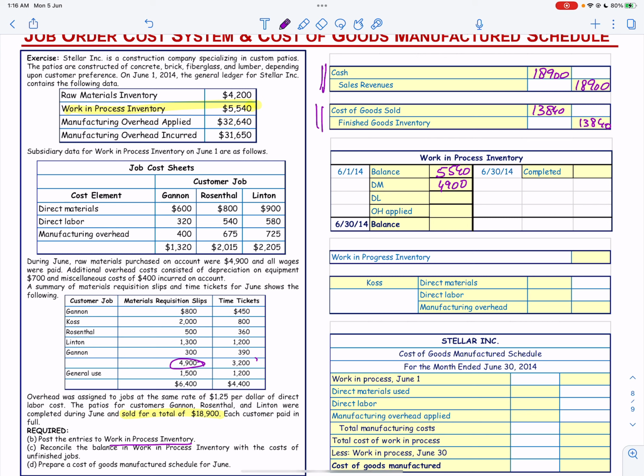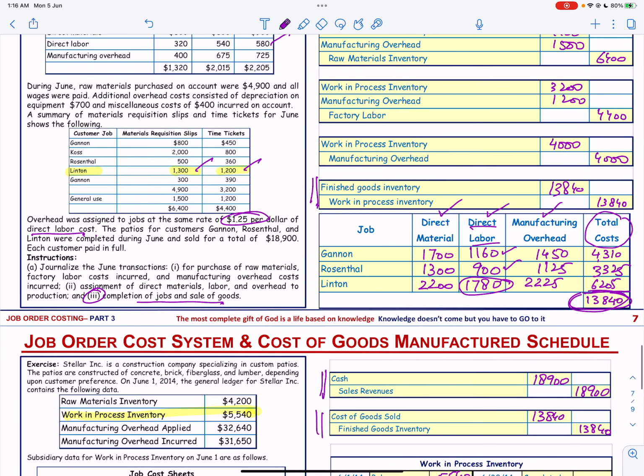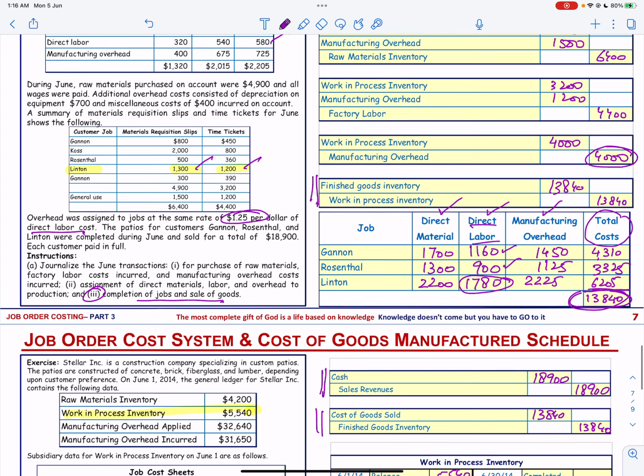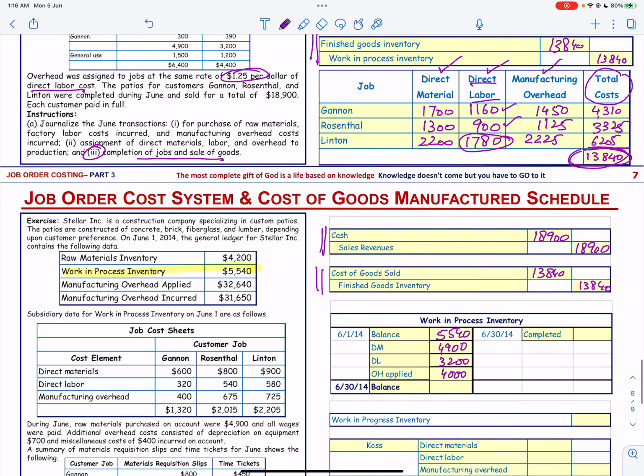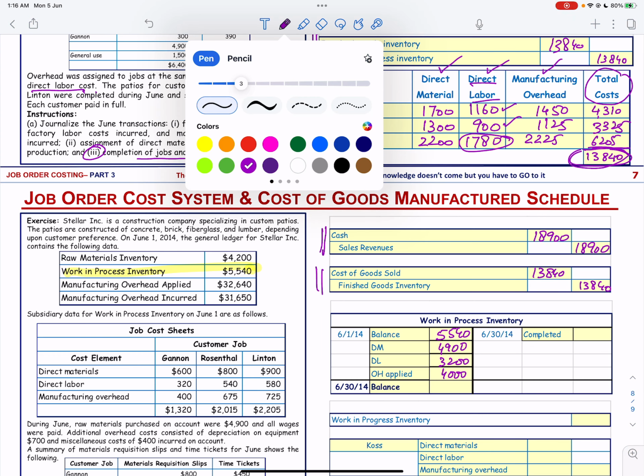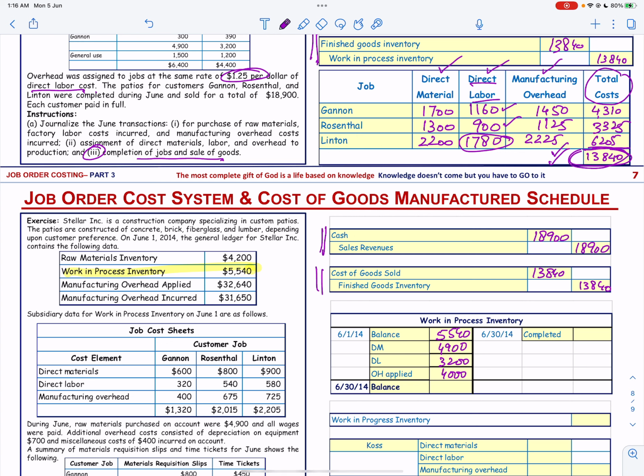We have direct labor 3,200, and the overhead that was applied was 4,000. The work that we have completed is 13,840, and the balance for work in process will be 3800.